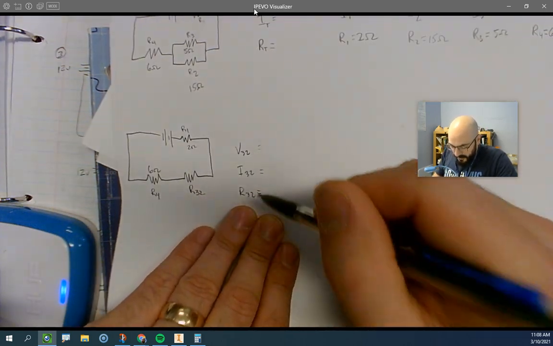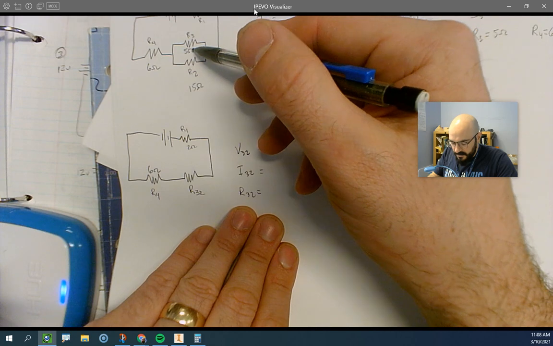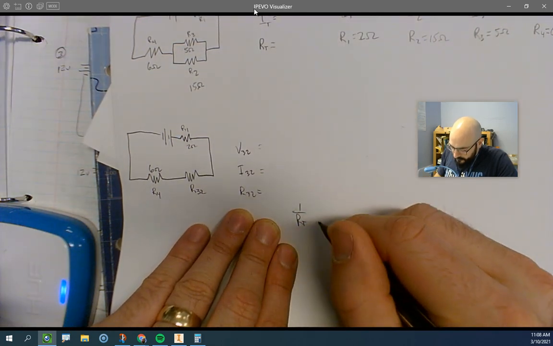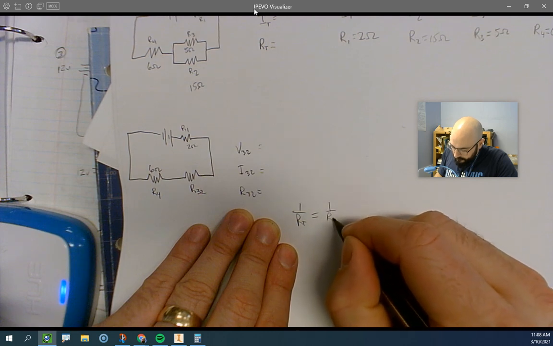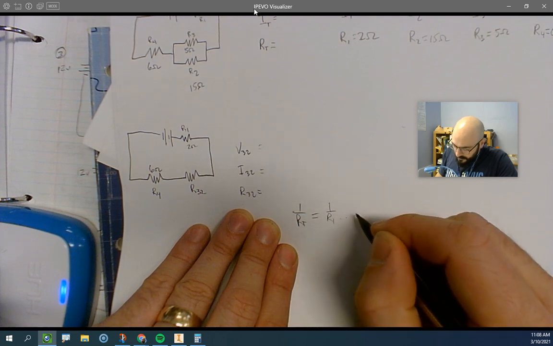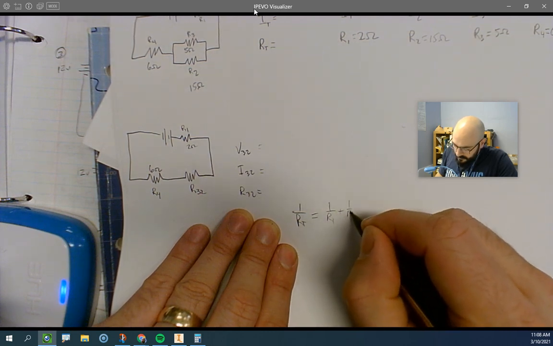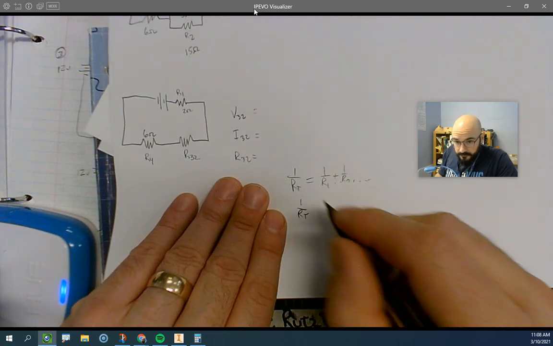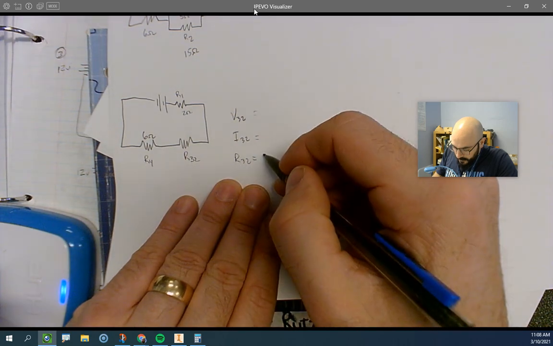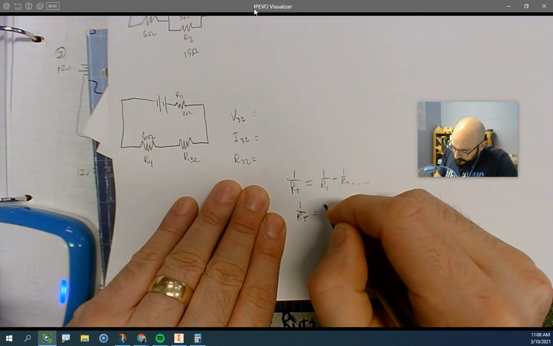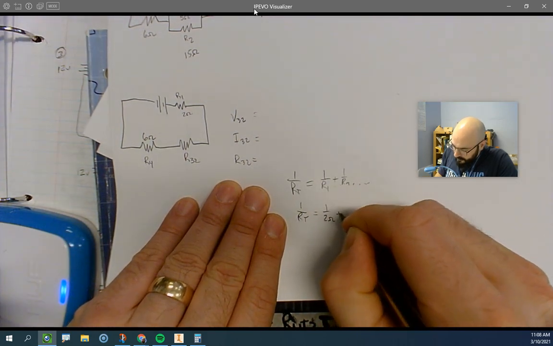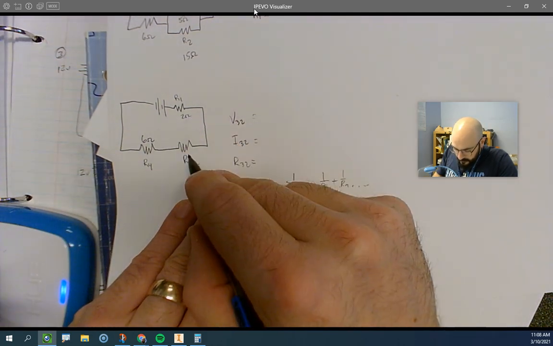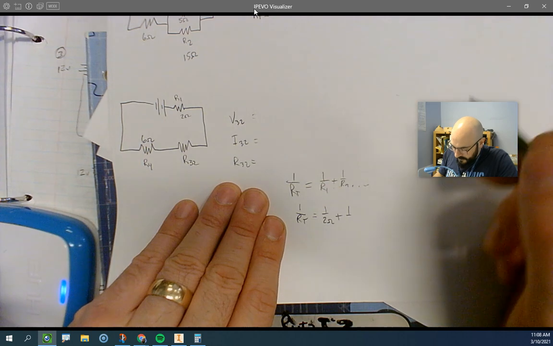We can find resistance because 1 over RT equals 1 over R1 plus 1 over R2, and so on. So 1 over RT equals, let's go 1 over 2 ohms plus 1 over, oh wait, no, not 2. We got 15 and 5.